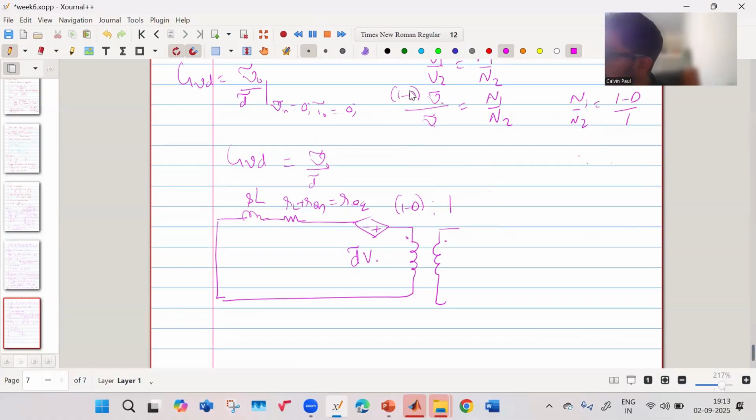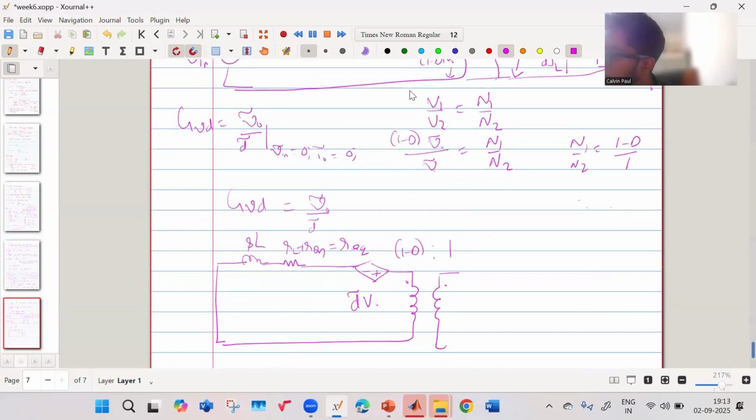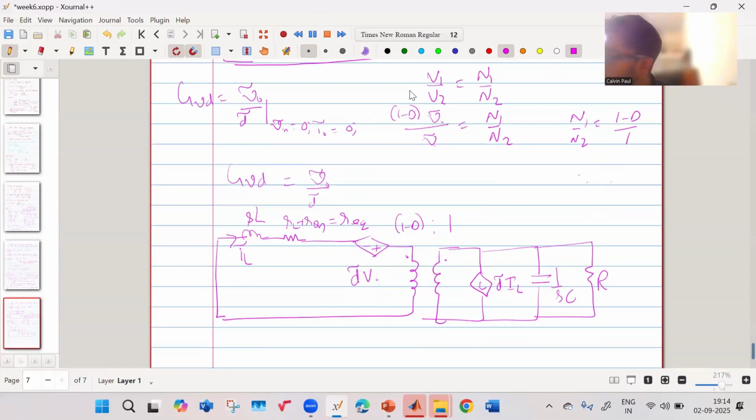And then we have D perturb IL. Your capacitor C, that is 1 upon SC, and your R, right? Okay. Then what must we do?